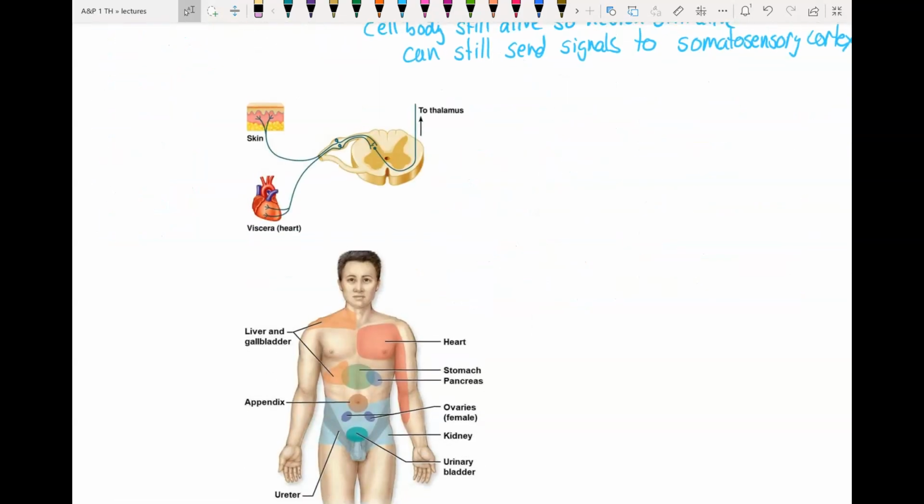Another thing that can happen with pain is referred pain. Your internal organs share sensory pathways with areas of skin.